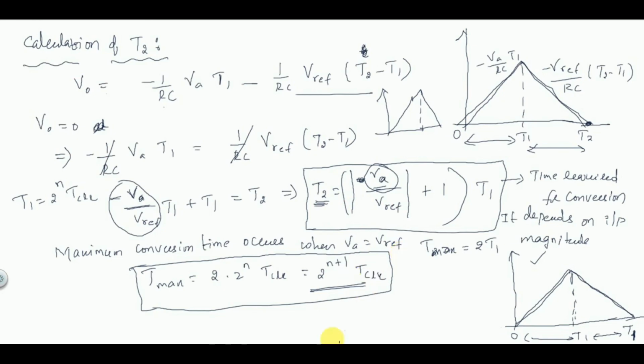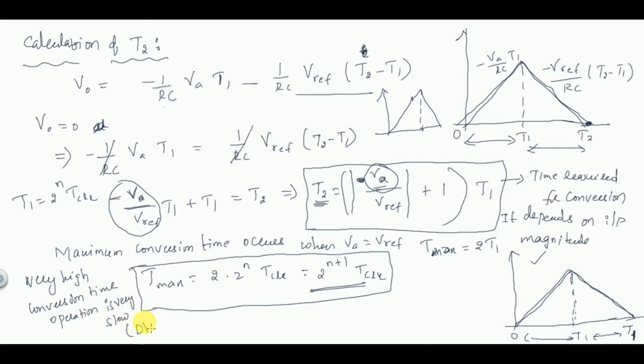The disadvantage here is that the conversion time is very high, so the operation is very slow in the case of dual slope ADC.